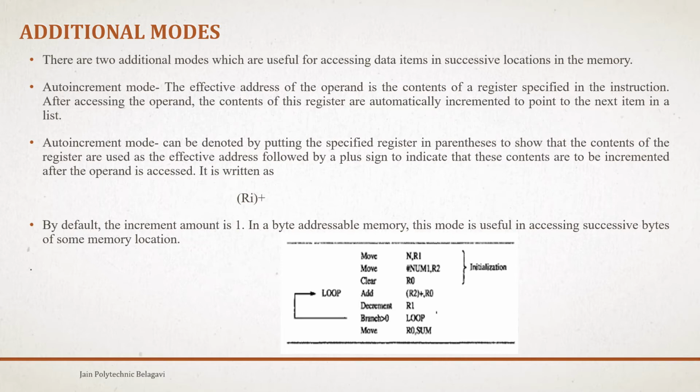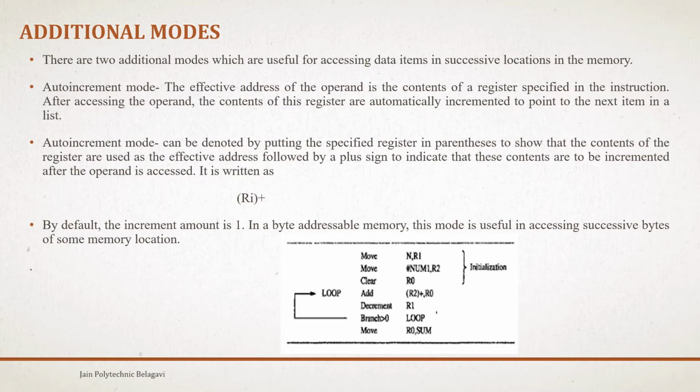After using the round brackets, it will use the indirect addressing mode. As we have discussed, indirect addressing mode is used to find the effective address of the operand. Now R2 contains the address of number 1, so that address is used to find the operand.